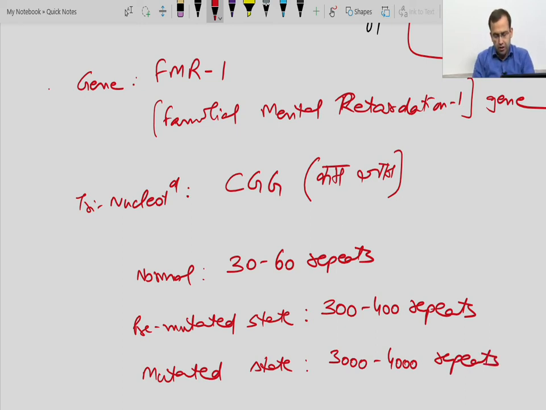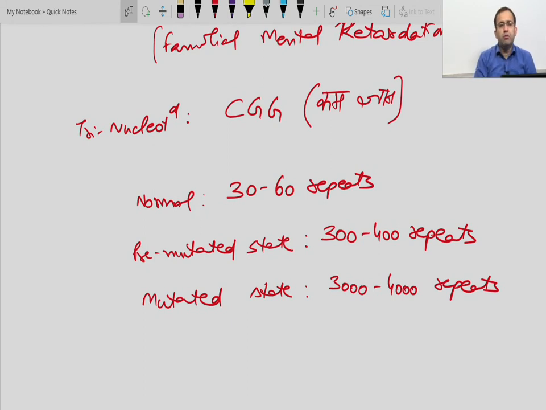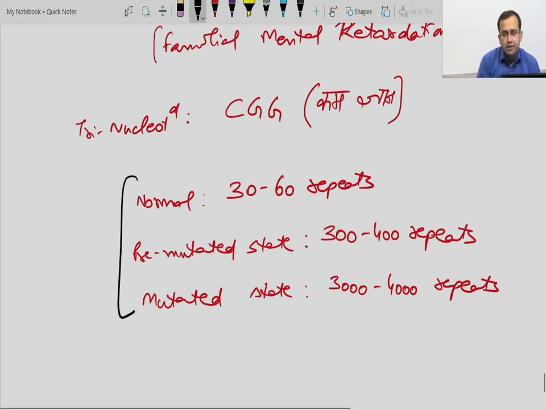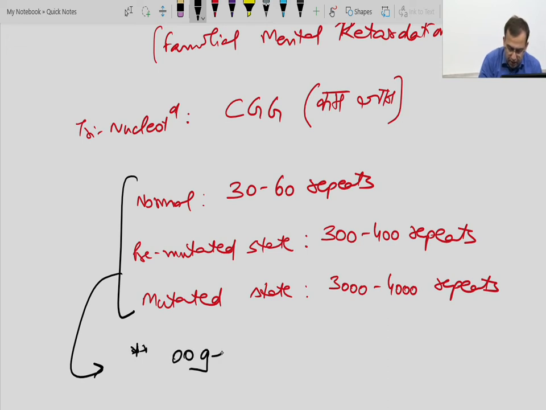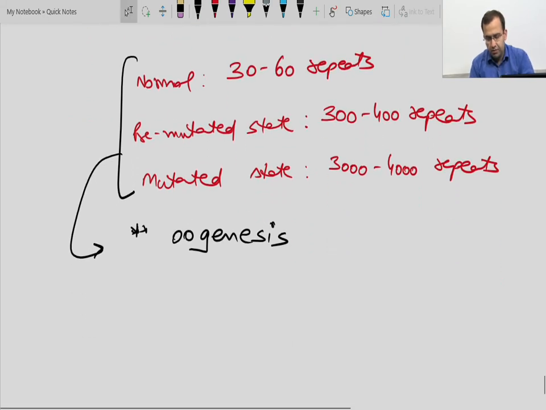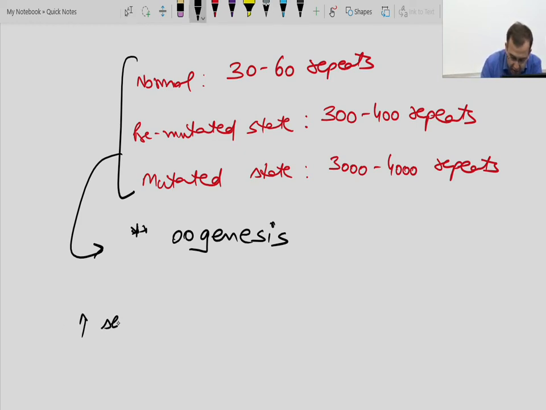Normal, pre-mutated, mutated. I am not interested in the number of repeats, but what I am very much interested in is when the mutation is increasing. Extremely important, the mutation increases at oogenesis. If the mother is in a pre-mutated state, her child will be in a mutated state.